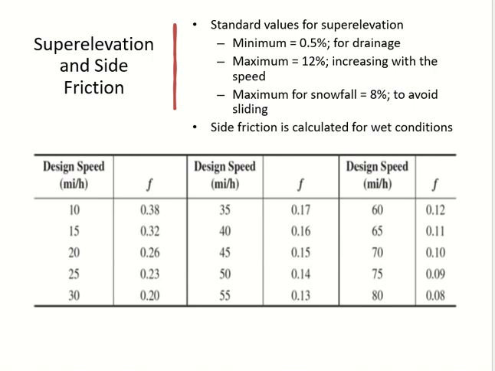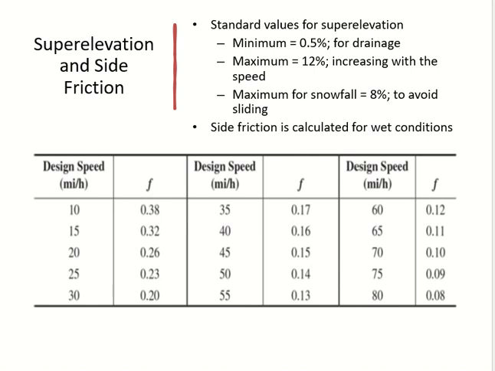And they did this according to their research. These are the values of side friction they have got, and this depends upon their speed. You can see when the speed increases, the factor decreases. You have less side friction available, then what do you increase?